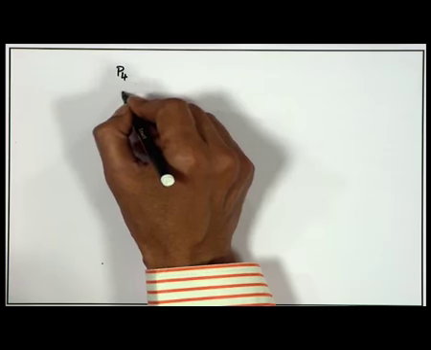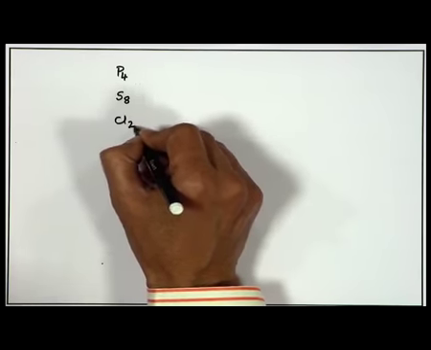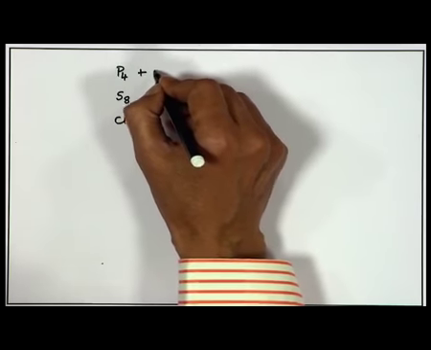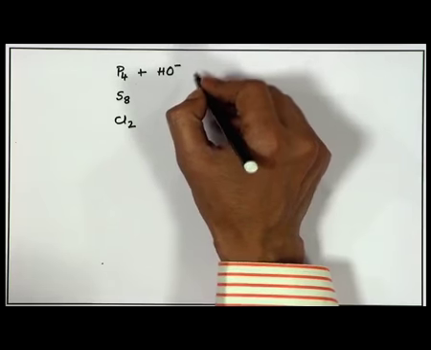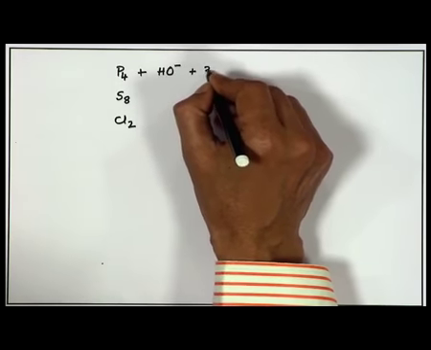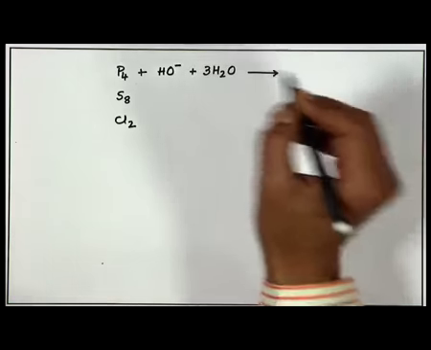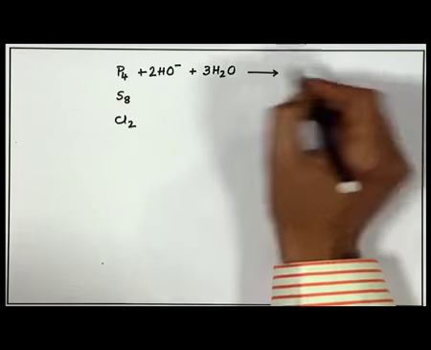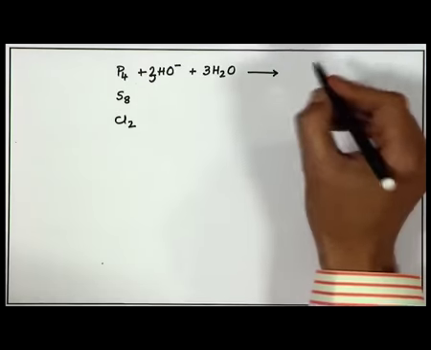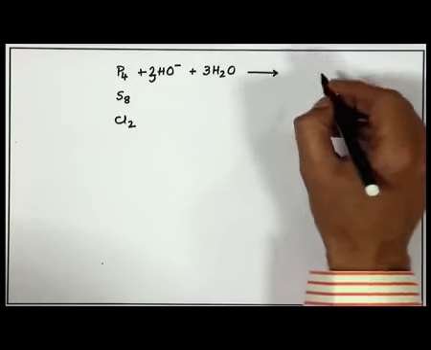So, you have P4, you have S8 and you have Cl2, which can be reacting with hydroxide ion in presence of some more water, and we need 3 hydrogens. So, 3 hydrogens will be there from this hydroxide and 3 water molecules will be there.